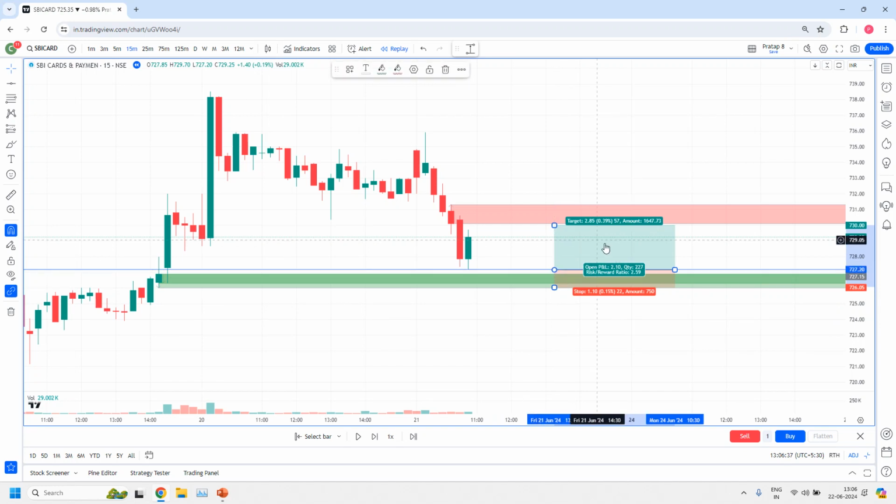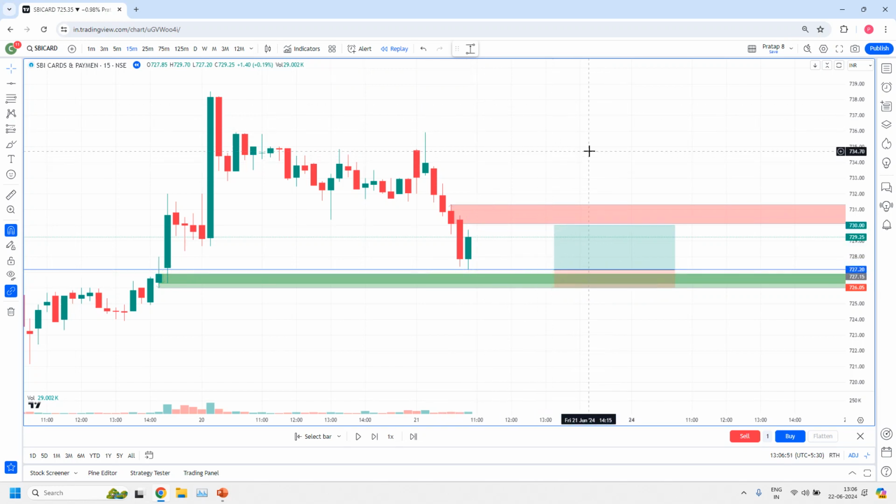So actually it is 1:2.5 RR. Highly experienced people can take a trade here. 1:2.5 they will take. But those who are accepting 1:3, you might have missed this trade. But anyway, I am telling you, you would have got a trade here.